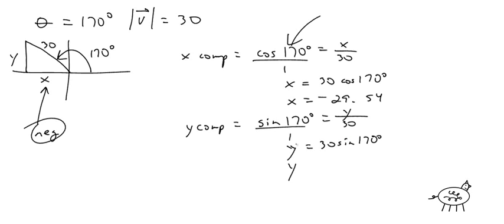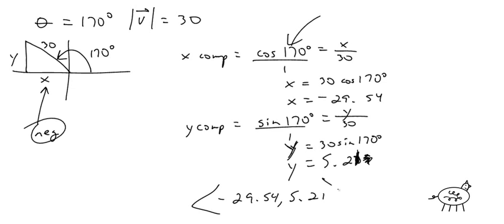So y equals 5.21. Okay, and again, that's positive, of course, because y is positive in that quadrant. So my answer is negative 29.54 comma 5.21.